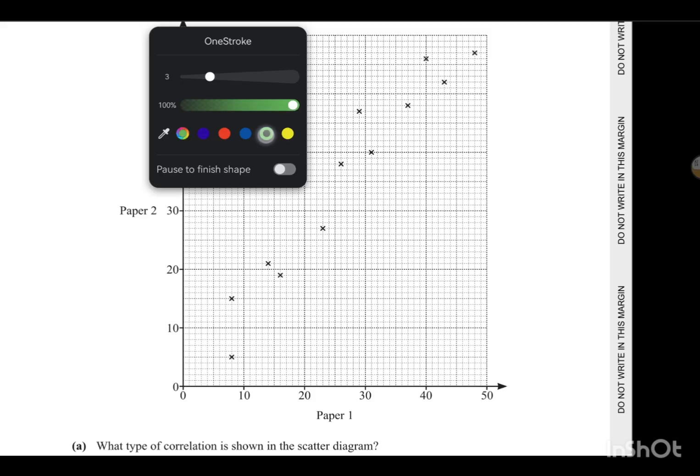So let me take a different color. So this will be the line of best fit, because when you see here, 1 2 3 4 5 dots, and then 1 2 3 4 5 dots on either side, so I have taken the 2 dots on the line. This will be the line of best fit for it.